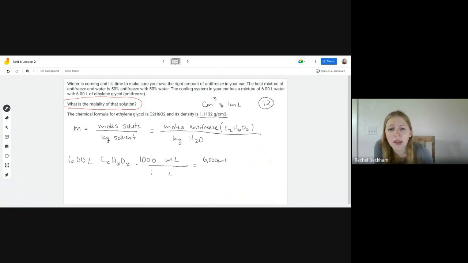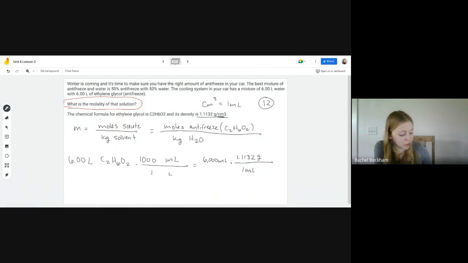And then we can use density here to say the density is 1.1132 grams for every 1 milliliter, because a cubic centimeter is a milliliter. You can use density basically to convert between grams and milliliters.